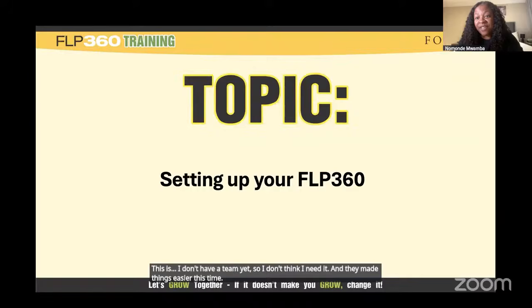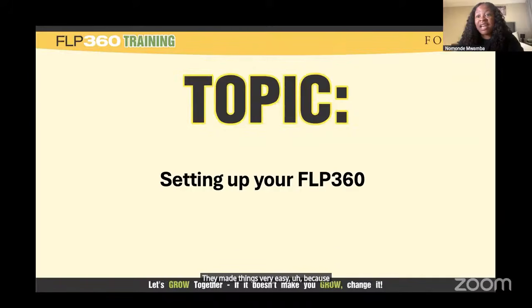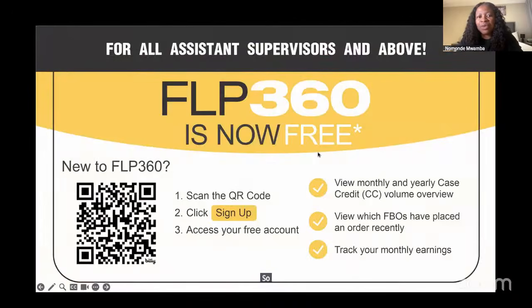They made things very easy because they are giving the new people 3 months free trial to try the app, the tool. So if you are a brand new assistant supervisor, you have a chance to explore for 3 months for free. If you've been with Forever and you have used our old FLP360, then you need to upgrade to the new one. Okay.